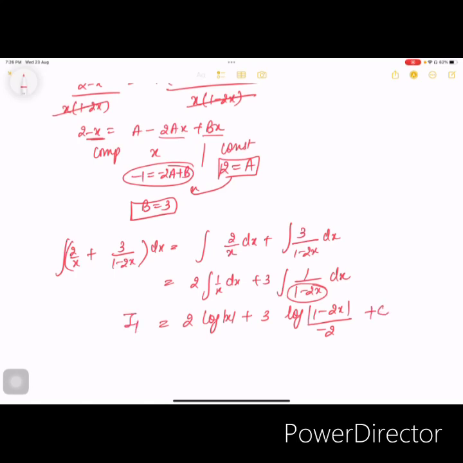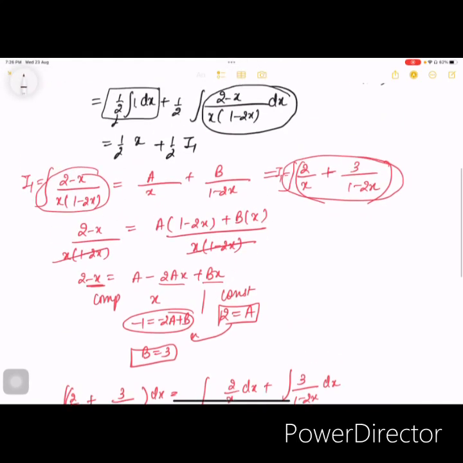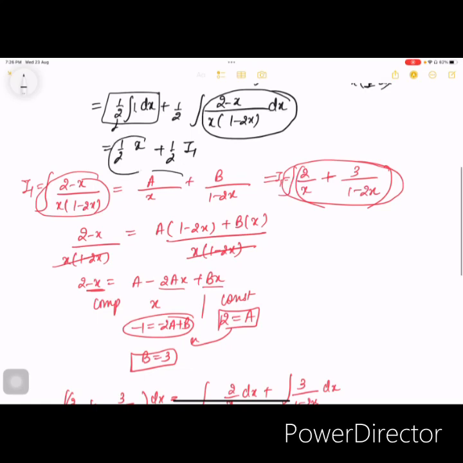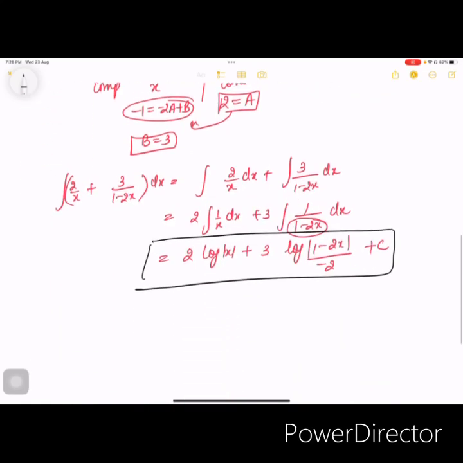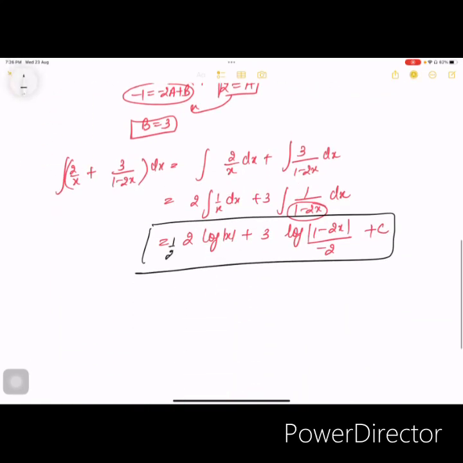This is I1. Now the whole answer will become this part plus this one, half x, half of x plus this one. This is our total answer. And if you still have doubt about how we can write its integration, just put 1 minus 2x equal to t.